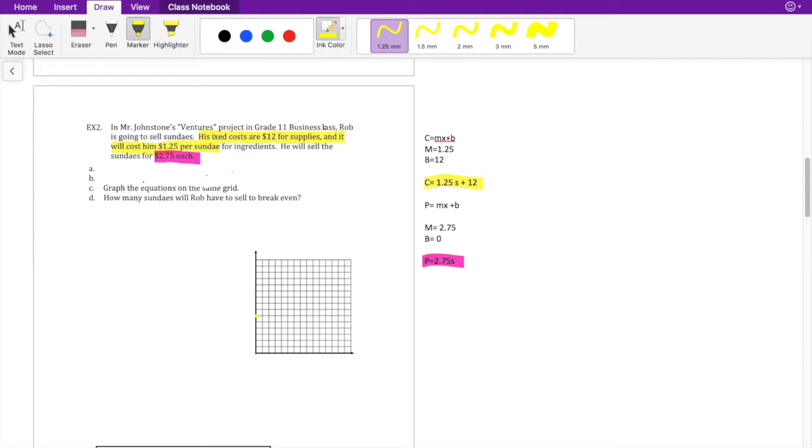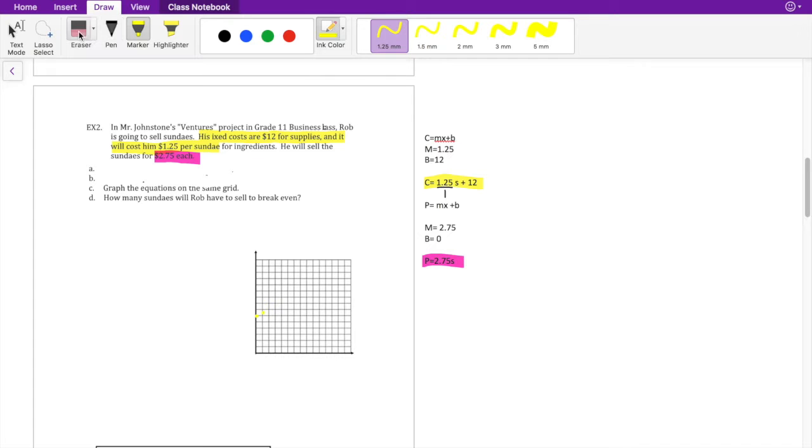I probably should use something else but yellow because it's so small. Then 1.25 is going to be our slope. And if you remember, that's rise over run, so 1.25 over 1. So let's go here, and we're going to go up 1.25 and over.